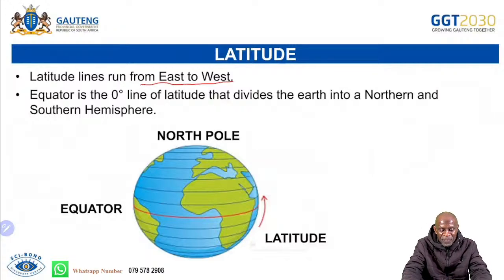The equator is the 0 degrees line of latitude that divides the Earth into the northern hemisphere and the southern hemisphere. So this line in red here separates the Earth into the northern side and the southern side.